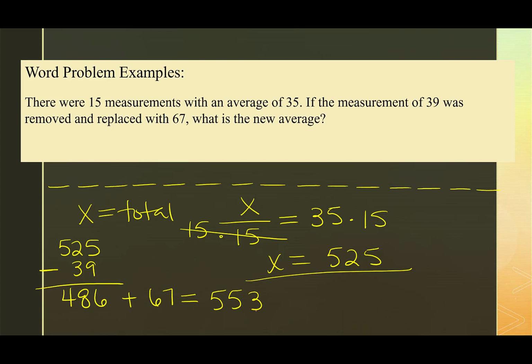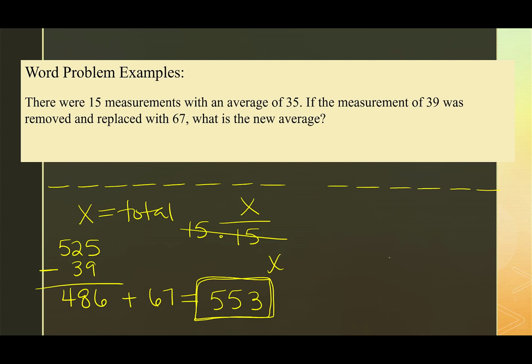If we took one of those measurements, specifically the measurement of 39, we took that out and replaced it with 67, the new total for the 15 measurements is 553. The last step is to take 553, divide that by 15 to get a new average of about 36.87.